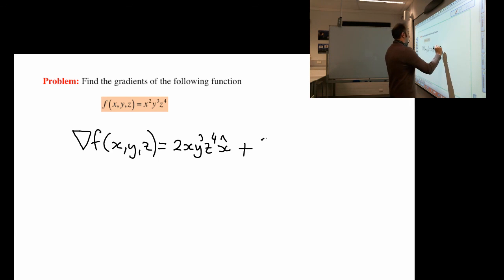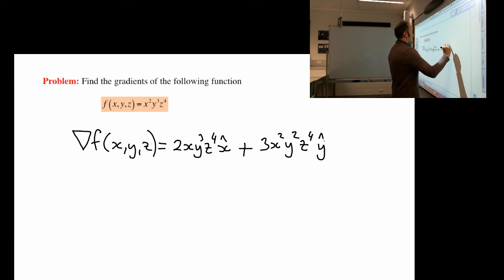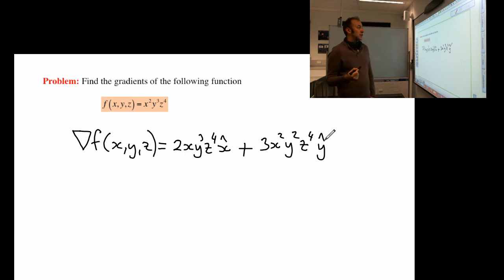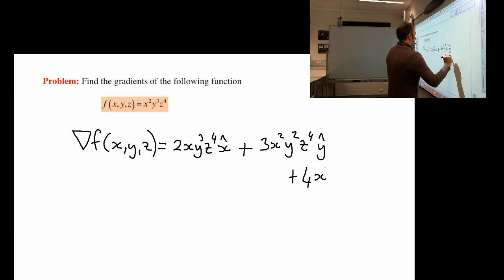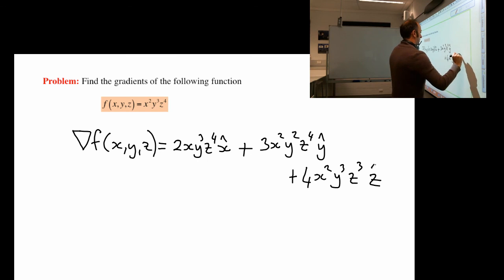So we're going to have 3x squared y squared z to the power of 4 y hat. And then thirdly, we take the derivative with respect to z. So it's plus 4x squared y cubed z cubed z hat.